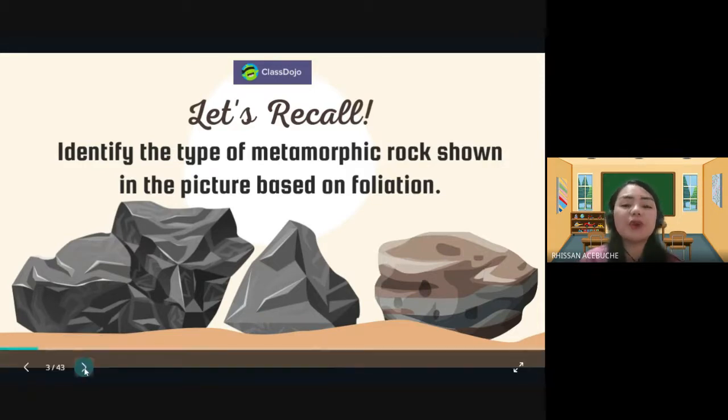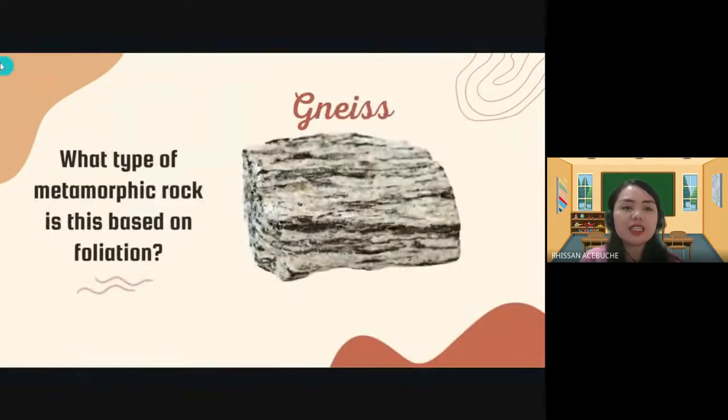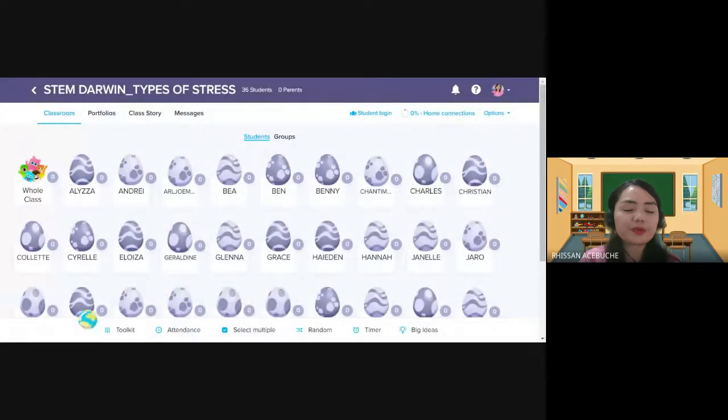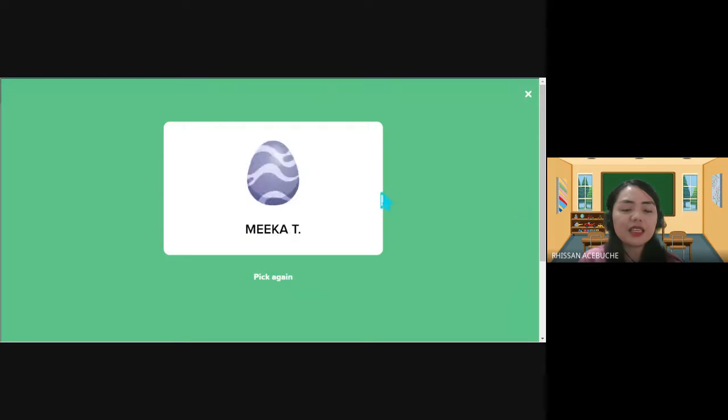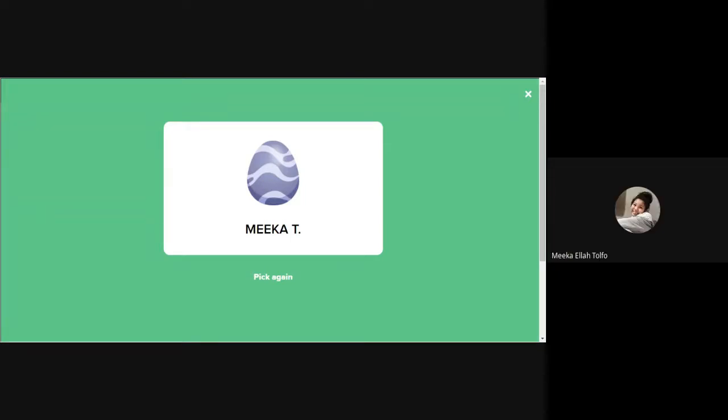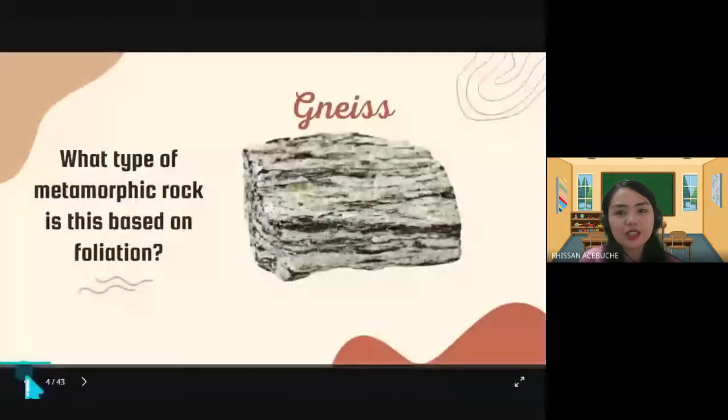Now I know you're ready to identify these pictures. The first one is this. So I'll be calling on students in our Classdojo. So let's see. Yes, Mika, what do you think is the type of metamorphic rock? Foliated po. Okay, let's check if her answer is correct.